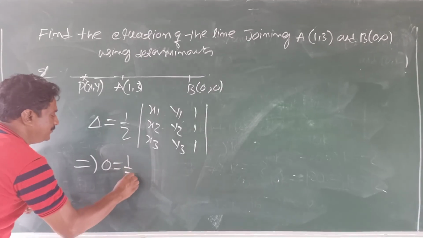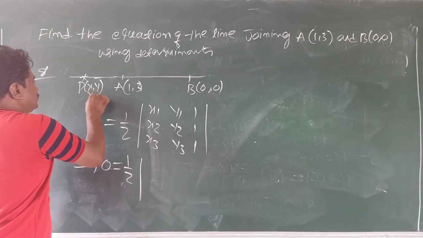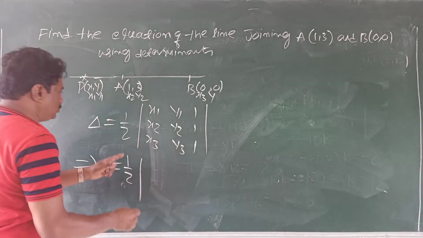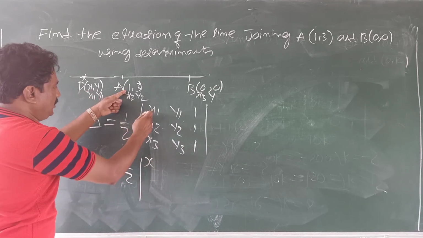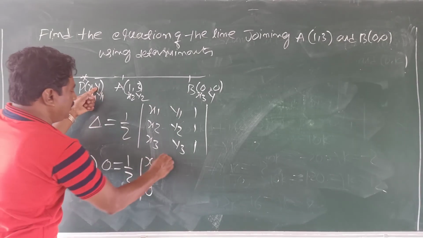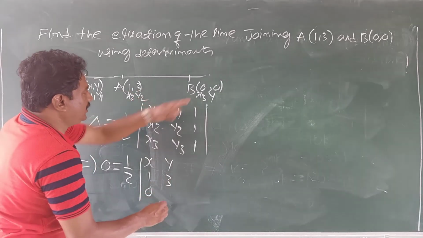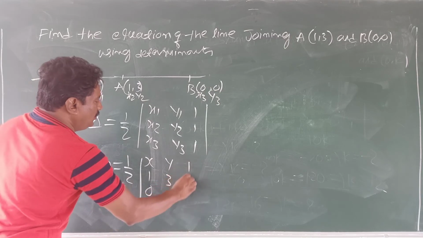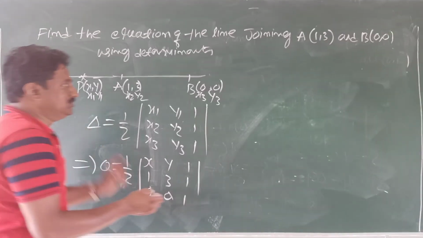Half into the determinant. Substitute: x1 is x, x2 is 1, x3 is 0, y1 is y, y2 is 3, y3 is 0, and 1, 1, 1. Delta is 0.